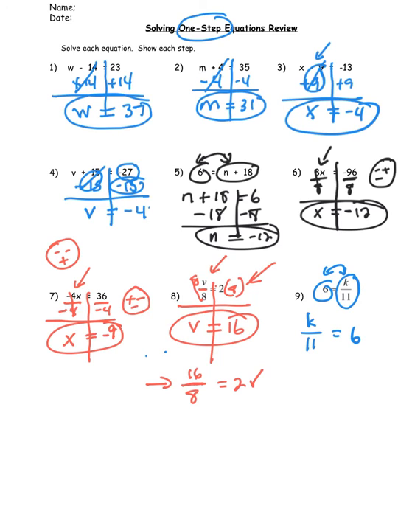So k divided by 11, the opposite of dividing by 11 is to multiply by 11. And I do that on both sides. So if it's more comfortable for you to do it this way, you're welcome to switch the order of the problem. Just make sure you keep everything in order that it's given. Meaning on the right side, if it's written this way, keep it written this way when you switch it.